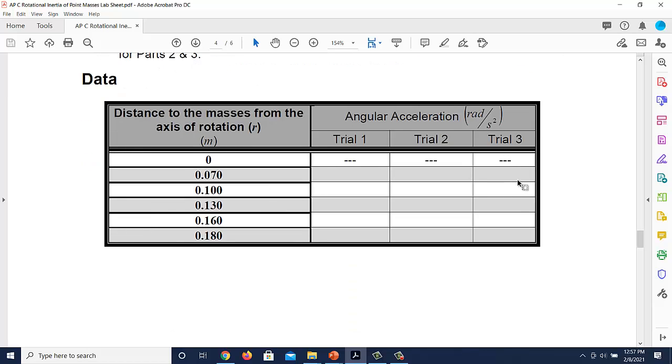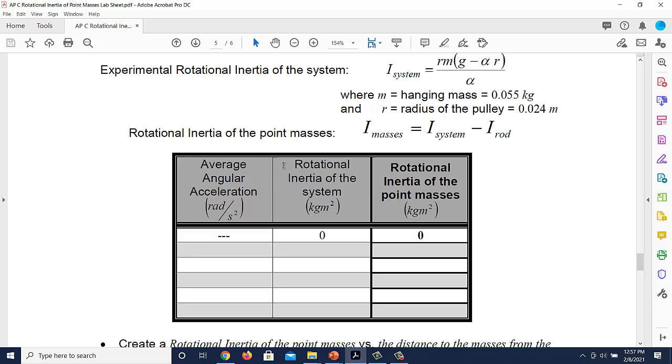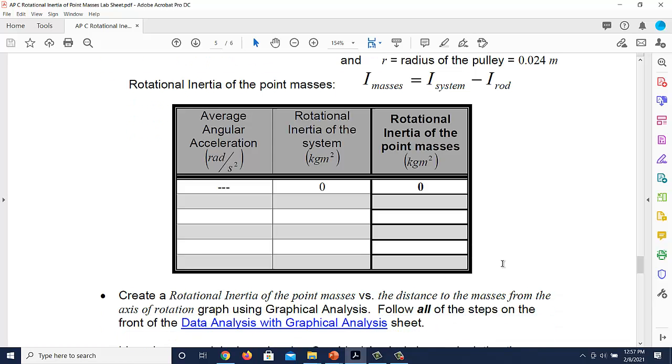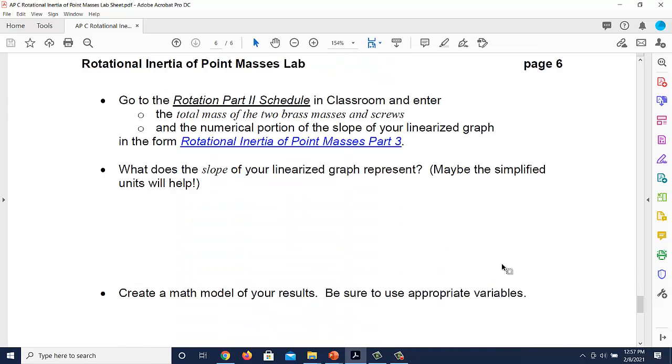3 angular acceleration trials, and then a similar kind of process. Average angular acceleration, plug it into the equation to find the system inertia, subtract the inertia of the rod, and boom, there you go. You've got the rotational inertia of the point masses at different distances. Graph, this one's going to take a linearize, and it's a similar kind of process.